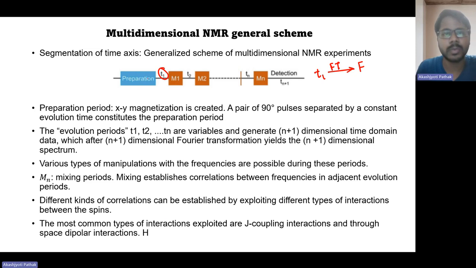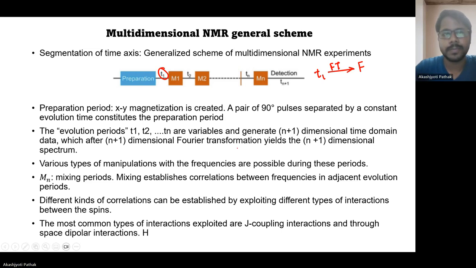So here you understood the general scheme of a multidimensional NMR. There is a preparation time, followed by evolution periods and then the mixing periods, and following these mixing periods you detect, converting the time domain into the frequency domain, and then you get the peaks of the NMR signals.